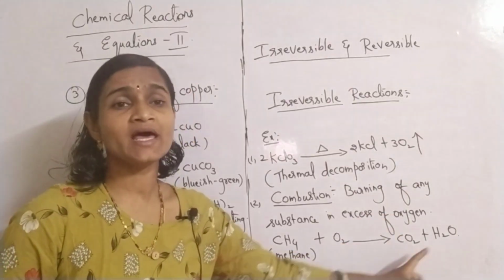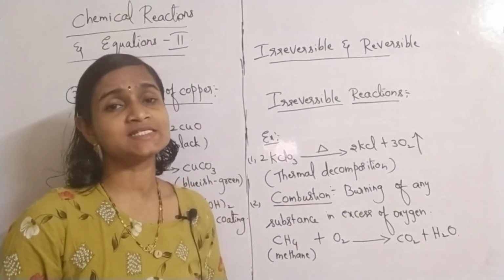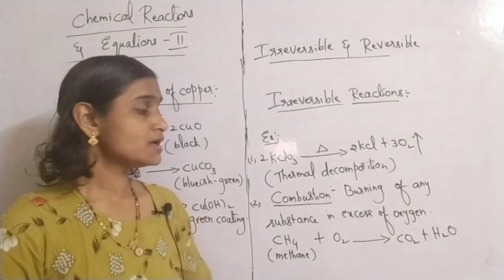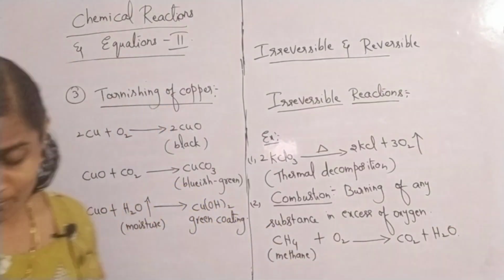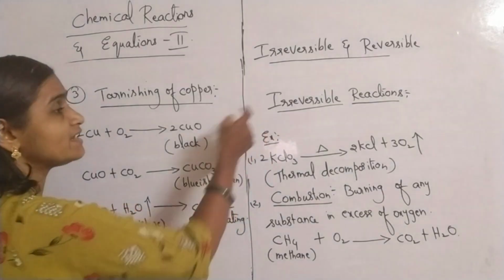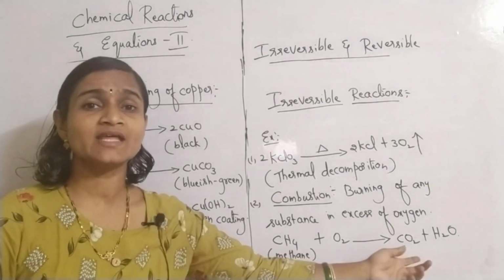What are those? Carbon dioxide and water. They are fixed products. Whenever any hydrocarbon is combusted, the fixed products you are going to get are CO2 and H2O.